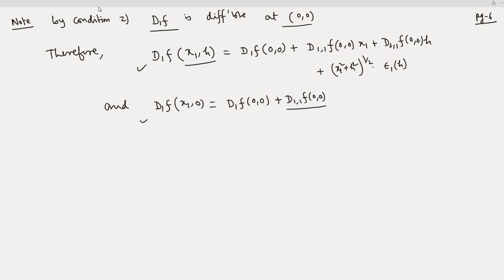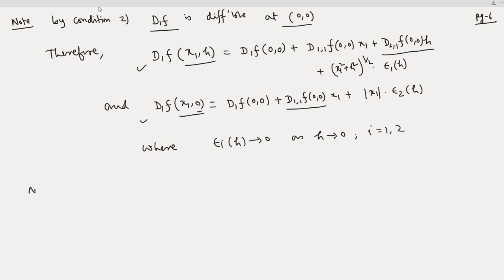So this is the derivative of d1 f. The first component is x acting on x1 and the second component is 0, so we will not have such a component in the next equation, plus the norm of this quantity, that is mod x1, times epsilon 2 of h, some small function in h, where epsilon i of h is greater than 0 for h greater than 0, for i equal to 1 and 2.